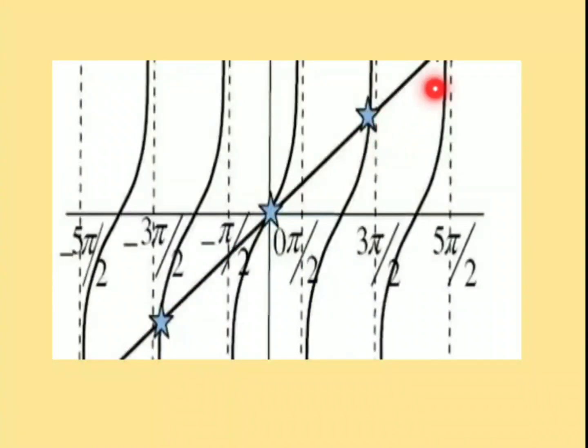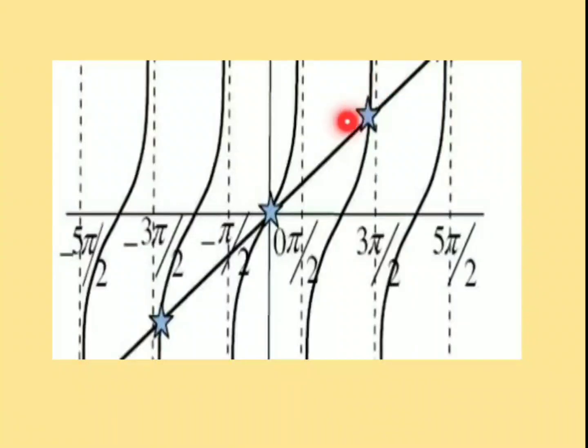The straight line represents the graph for y = α, and the remaining graph represents y = tan α. So the values of α are obtained at the points of intersection of y = α and y = tan α.